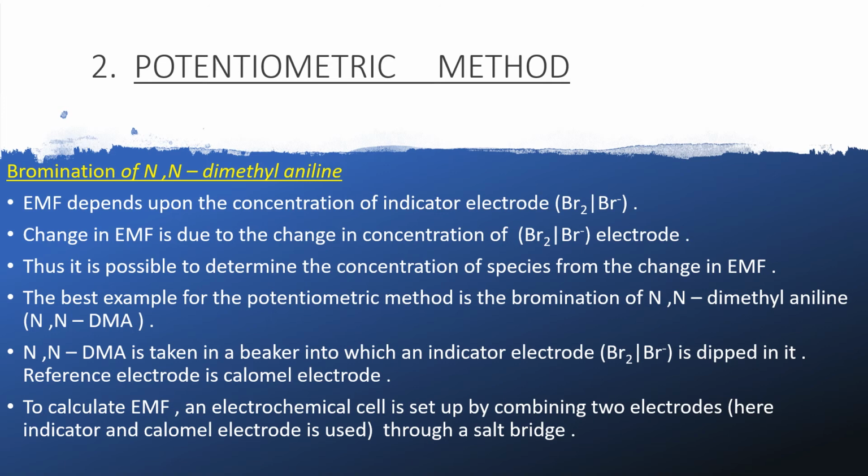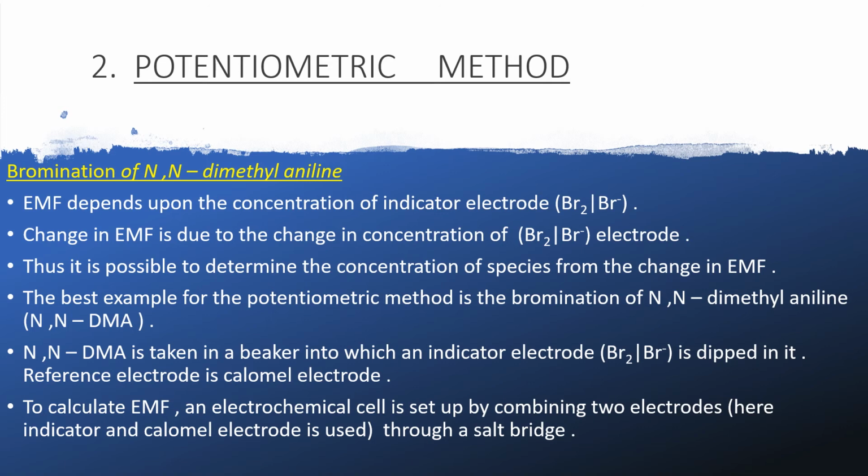The best example for the potentiometric method is the bromination of N,N-dimethyl aniline, that is N,N-DMA. So first of all, in this potentiometric method, you are taking N,N-dimethyl aniline in the beaker and an indicator electrode is dipped in it. That is, you are dipping an indicator electrode, that is the bromine bromide electrode, in the beaker.